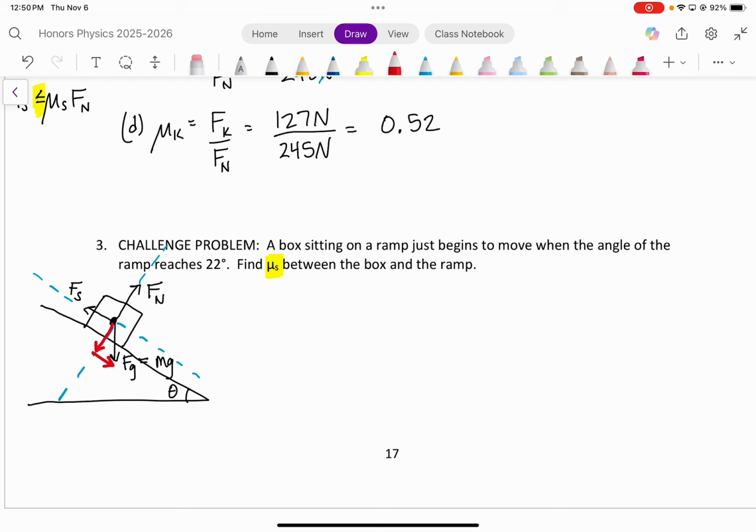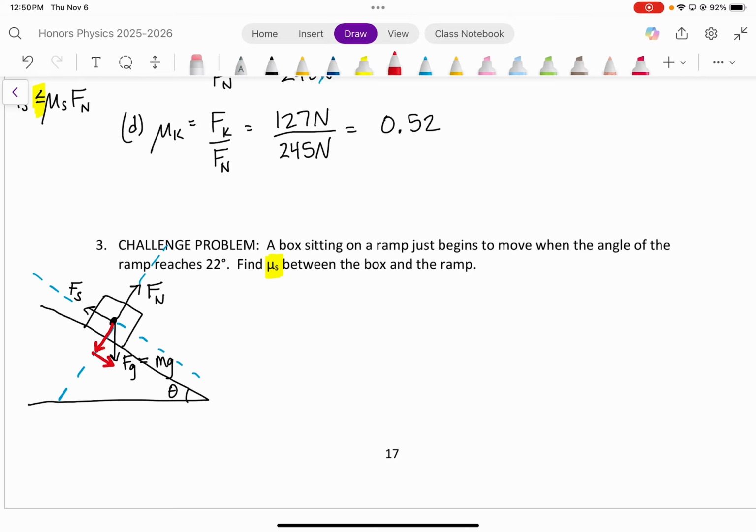Okay. So I'm going to write it up here in just a second, but I wanted to do it over here first. This part of my triangle is the hypotenuse times the cosine of my angle. So this side right here becomes mg cosine theta. What is this side of the triangle?